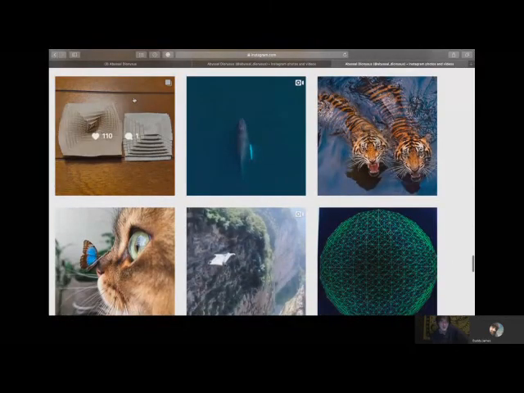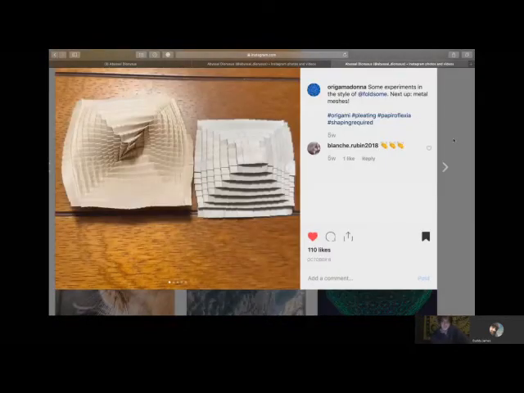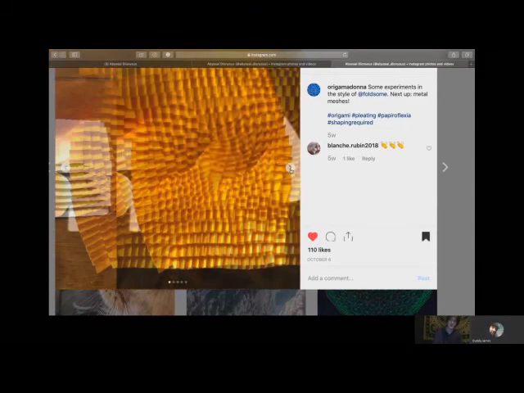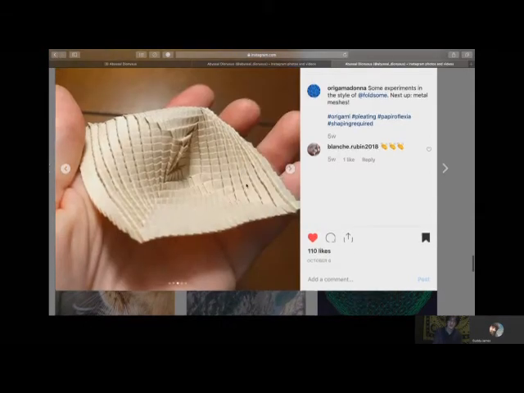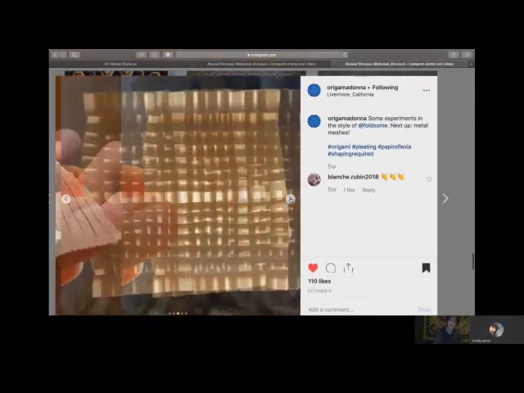I've been looking for someone that is really good with origami, particularly shape morphing origami. This is one person that makes some beautiful stuff, but it's not quite what I was looking for.